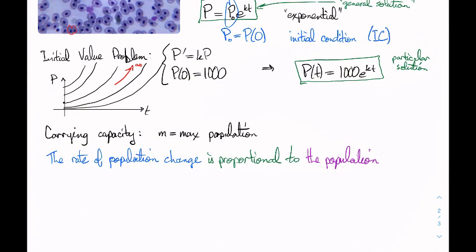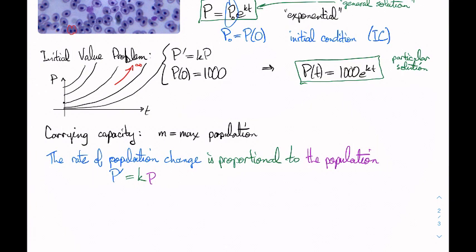And so if we write this in terms of symbols, then what we have is the following. The rate of population change, that's in blue, is proportional to, that's equals a constant times, the current population, that's P. So there's our differential equation, right?